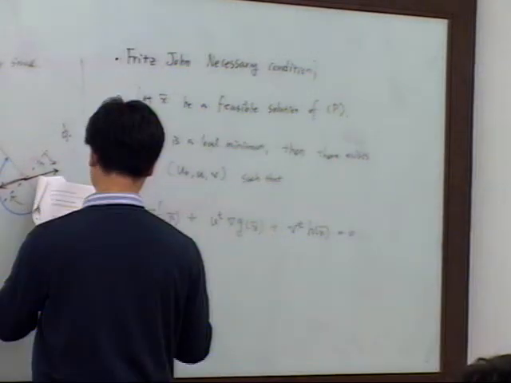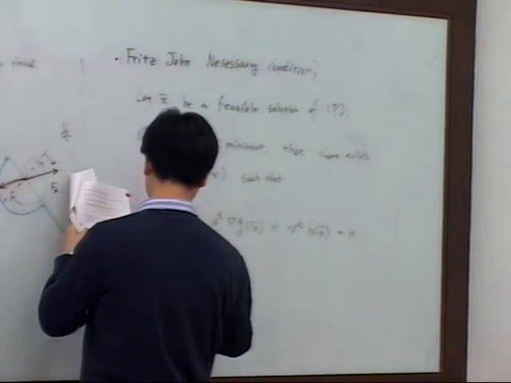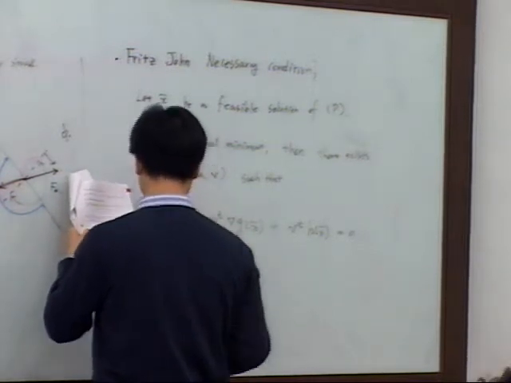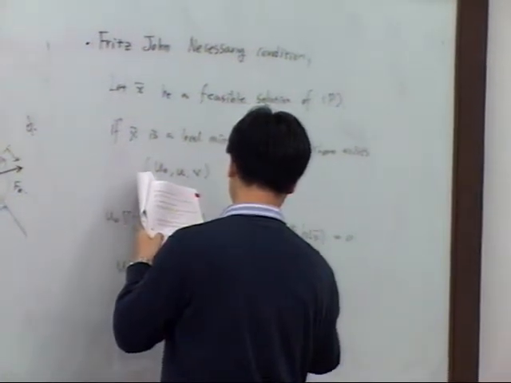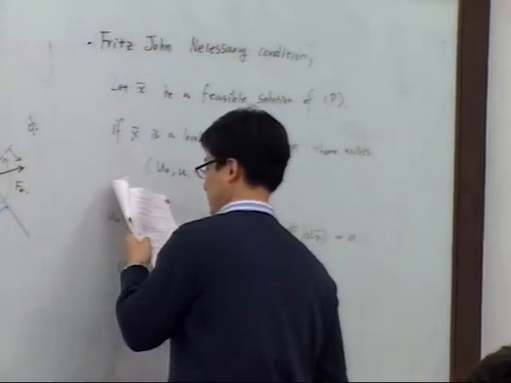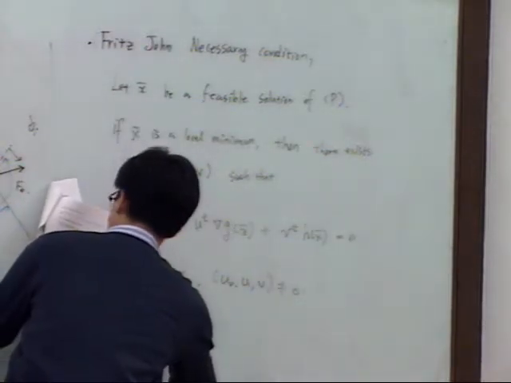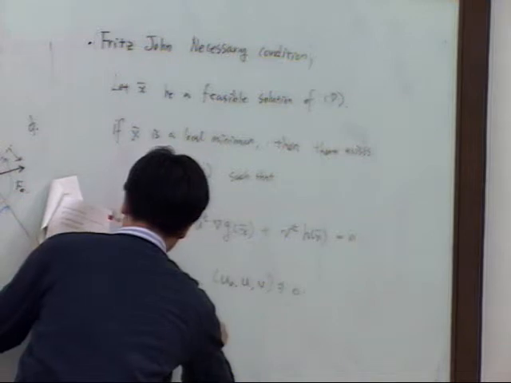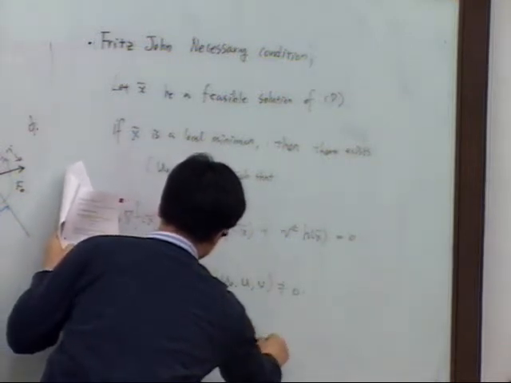And u0 and u are greater than or equal to 0, and (u0, u, v) is not 0. And u_i g_i(x bar) is 0 for i equal 1 to m.